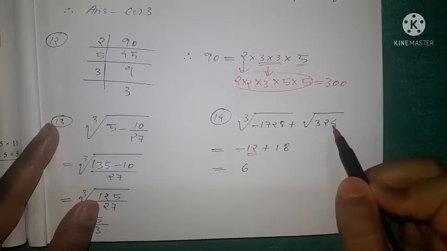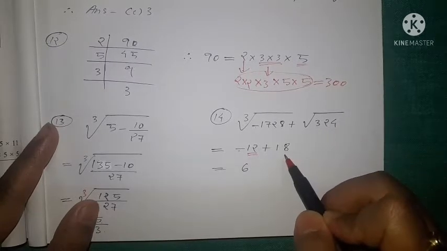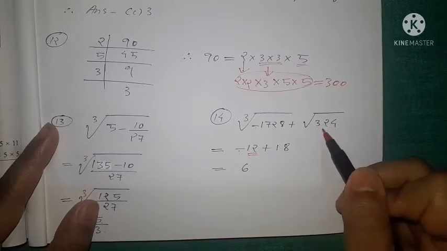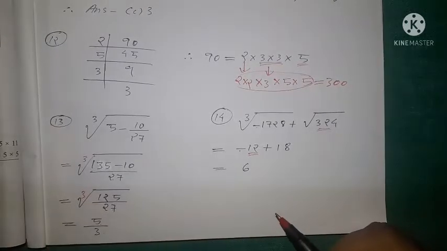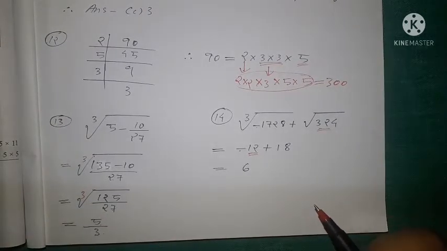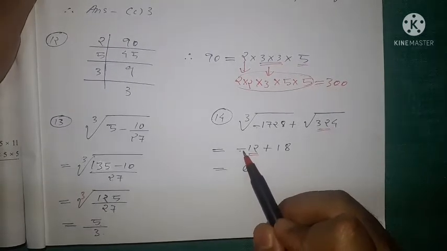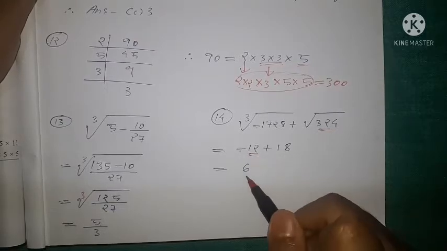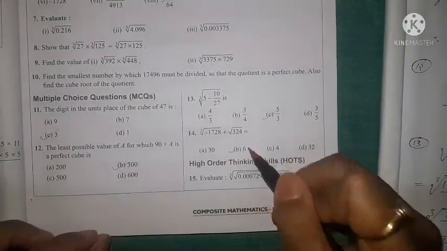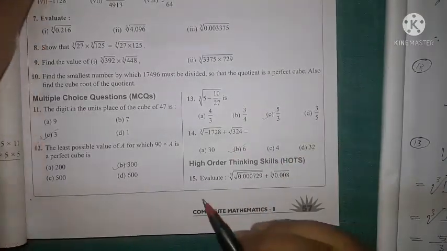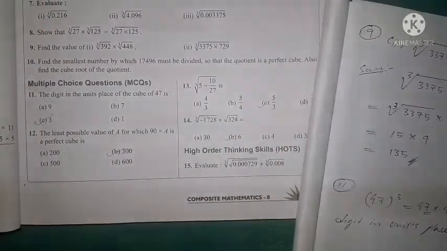Plus the square root of 324 is 18, as we know 18 into 18 is 324. Therefore I asked you to remember the table for the cubes and the squares, then our calculations become faster. So minus 12 plus 18 is 6. So the final answer is 6. It is option B.